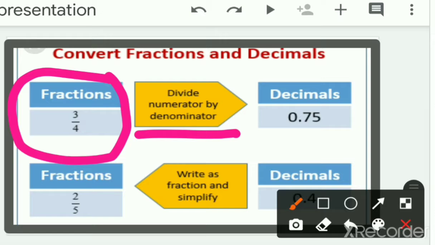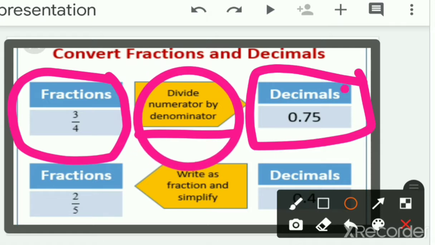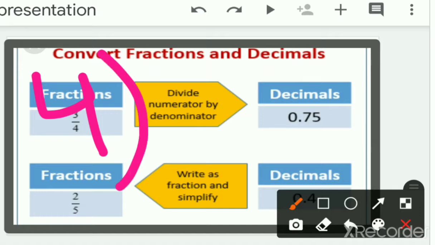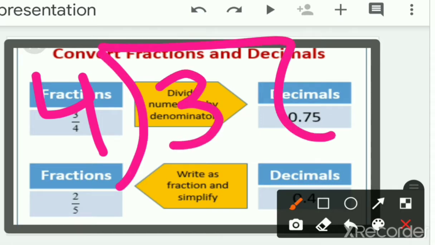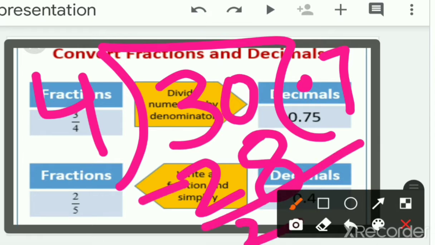Divide the numerator by the denominator, and we get the decimal 0.75. How? This is the denominator and this is the numerator. Now 3 cannot be divided by 4. Put a point here and add a 0. 4 7s are 28. Subtract and you get 2 as the remainder.